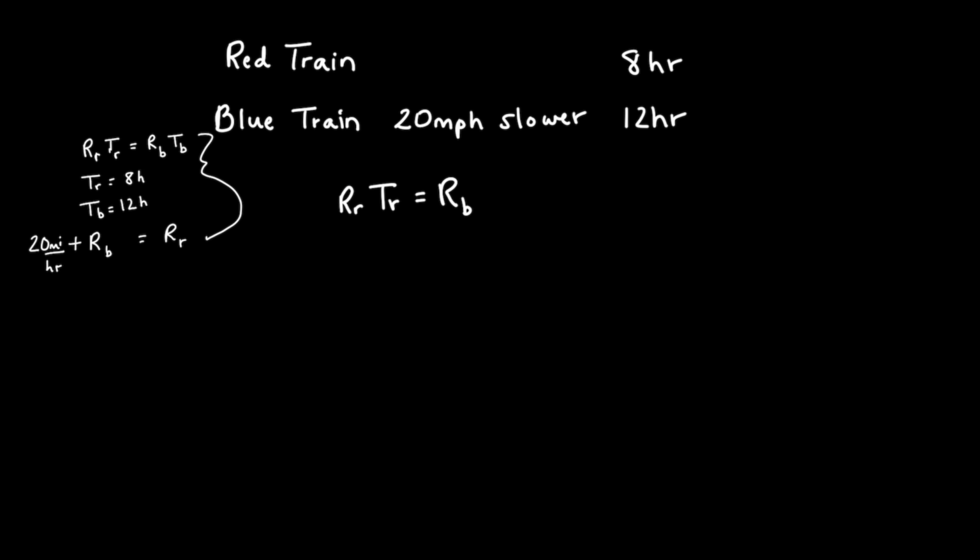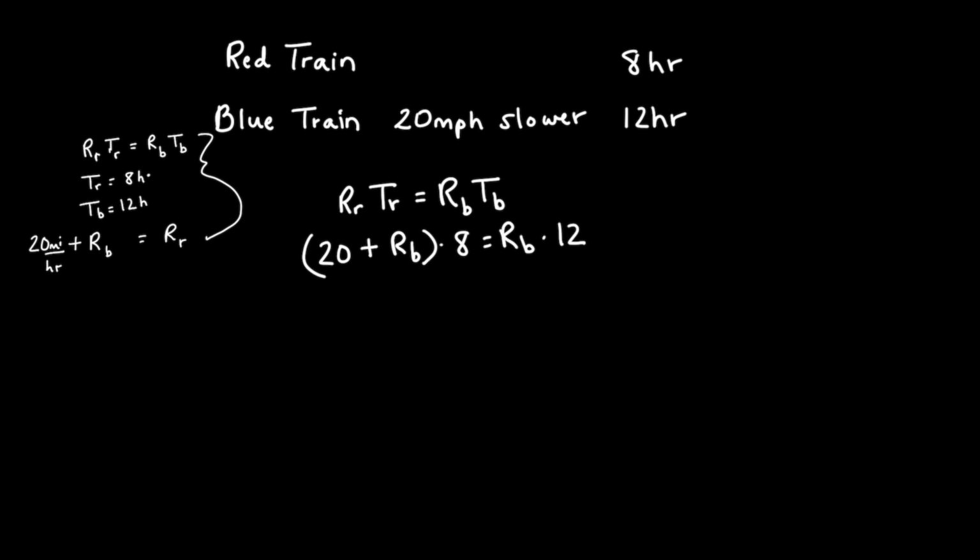So we have our red train rate times our red train time equals the blue train rate times the blue train time. We are going to plug in 20 plus RB for RR times 8, which is plugged in for our red train time.